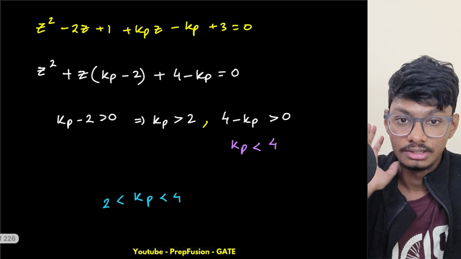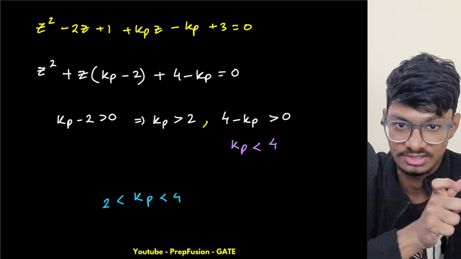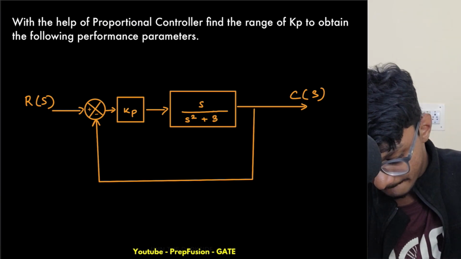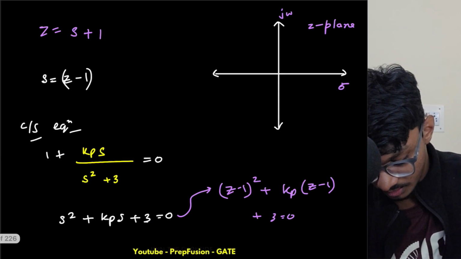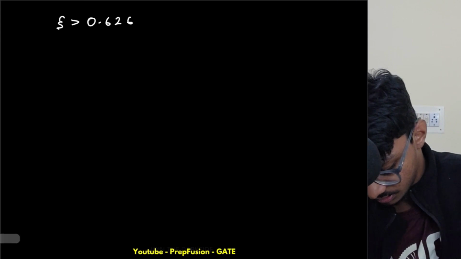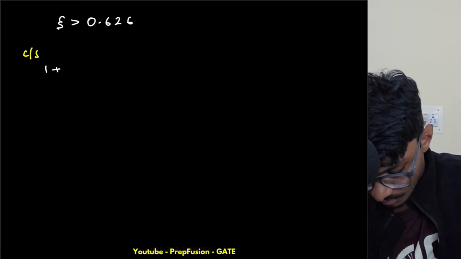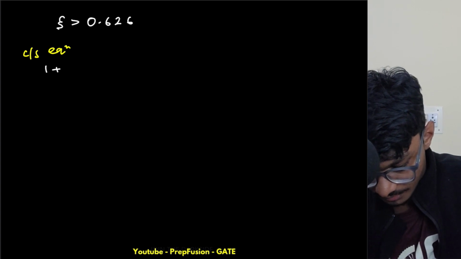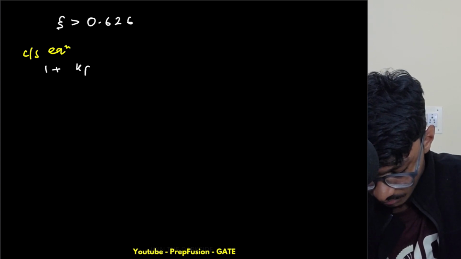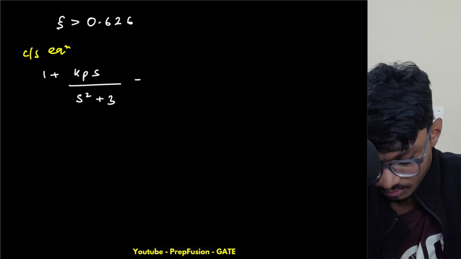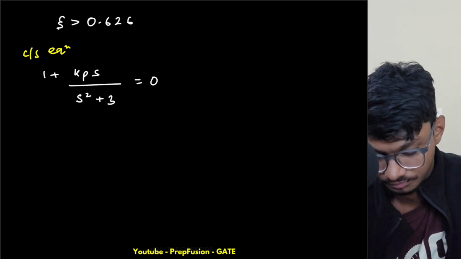Now let me write the characteristic equation in the S domain. So what is the characteristic equation in the S domain? It is simply this, right? 1 plus Kp into S divided by S square plus 3 equals 0.